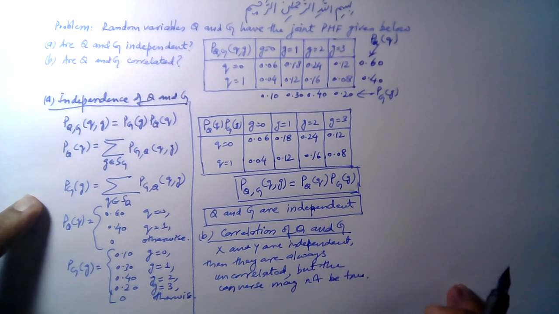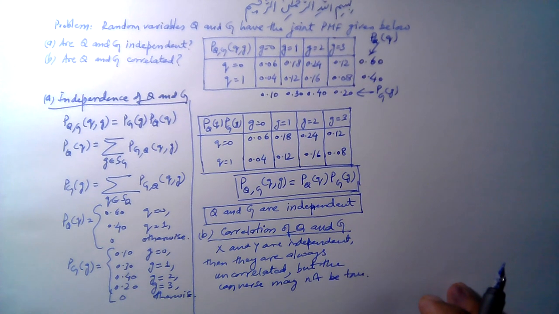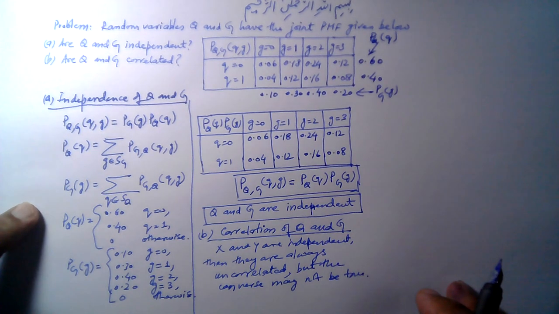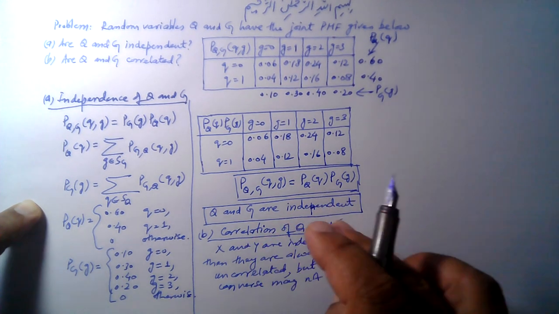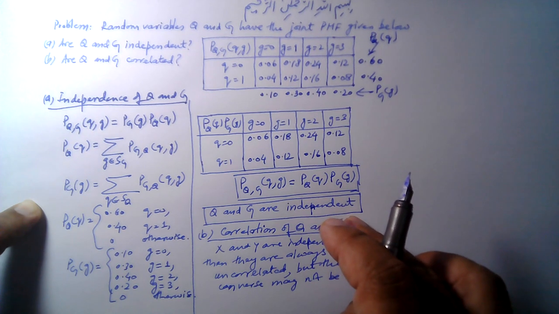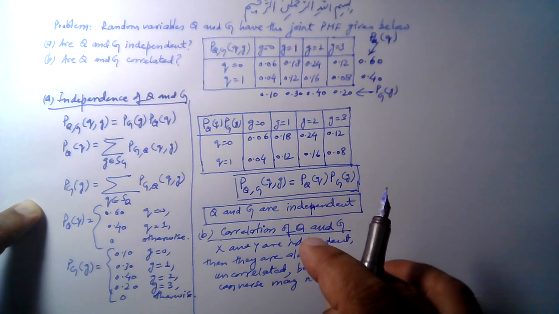In other words, if we find out the random variables X and Y are uncorrelated, it is not necessary that they are independent also. So the uncorrelation of random variables X and Y is a necessary condition, but it's not sufficient for the independence of random variables X and Y. So in this case, we have found out that Q and G are independent. So it must be that they are uncorrelated also.